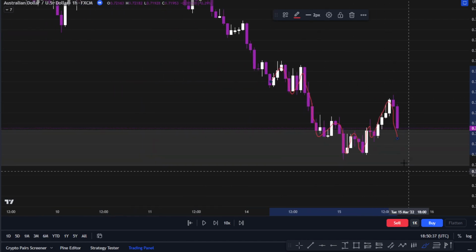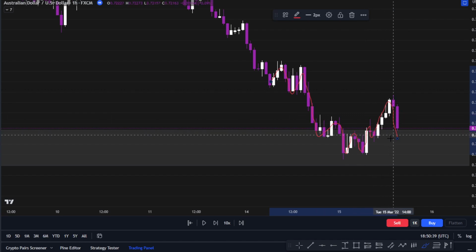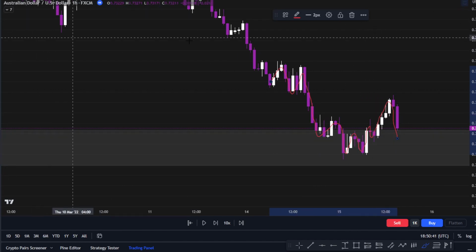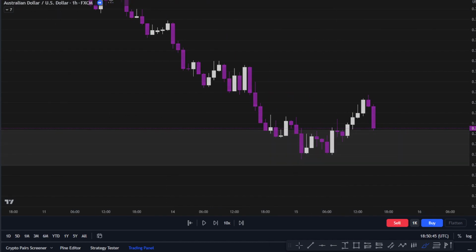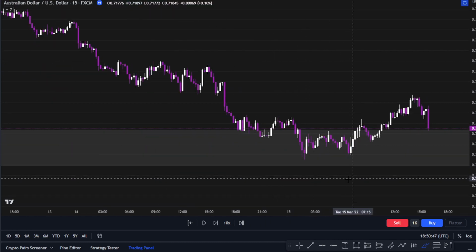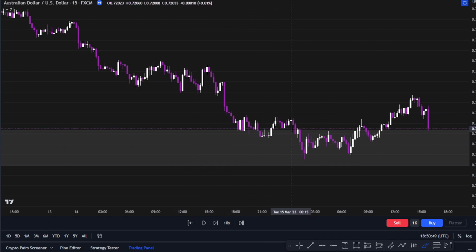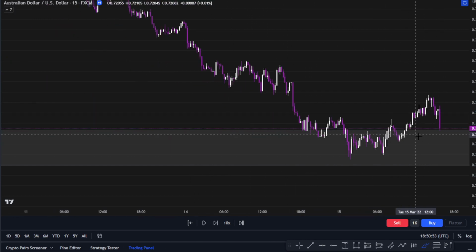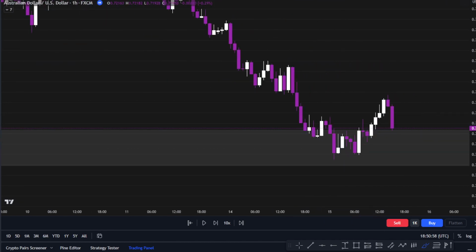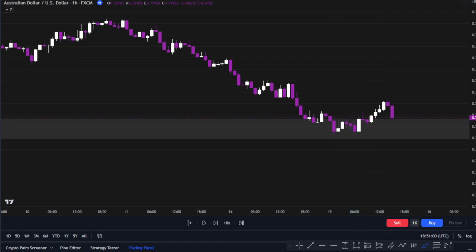So you can see that there's this change of character in the market. If I were to go to the lower time frame, like the 50-minute, it's extremely clear that this downtrend is suddenly turning into this uptrend. So this confirms that I am able to enter the trade within this order block comfortably.